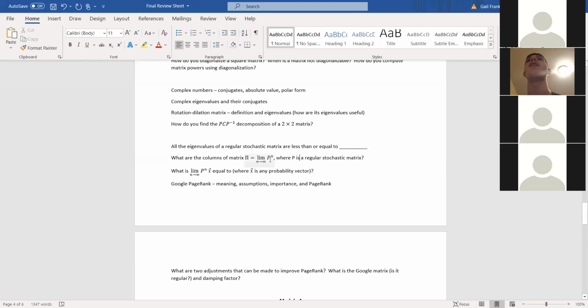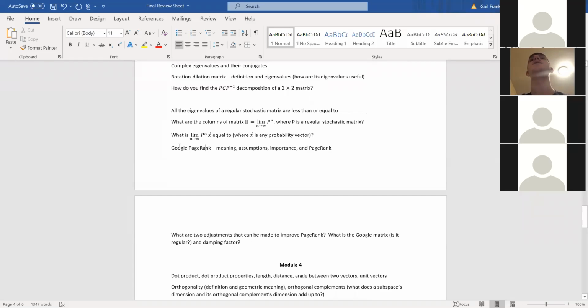So this limit, capital pi, will equal Q, Q, Q, dot dot dot Q. All the columns will be the same, the steady state vector. Same deal if you also multiply by any probability vector: if P is a regular stochastic matrix and X is any probability vector, you will get the steady state vector. That's a nice way of dealing with Google PageRank, which we'll talk about next.